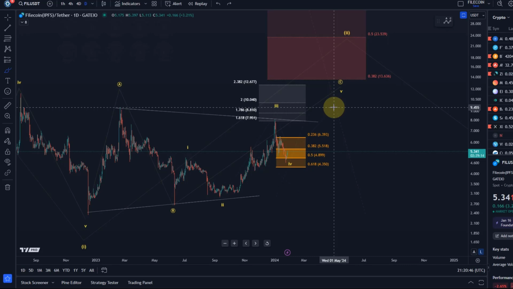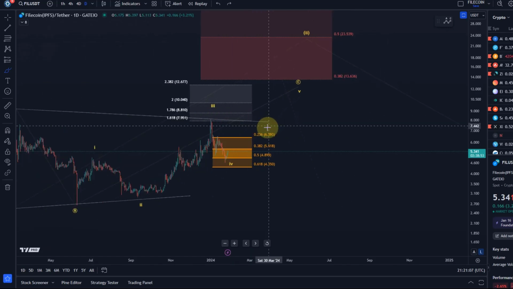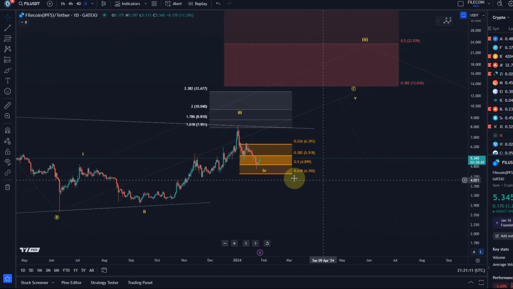As you can see there, we had a wave 1, we had a wave 2. The wave 3 topped most recently in this target area that I defined in one of the last videos that was at $8.12. So it topped there, the third wave. Then the fourth wave looks like a sharp correction currently. It dipped into the support area there between $4.35 and $6.39.